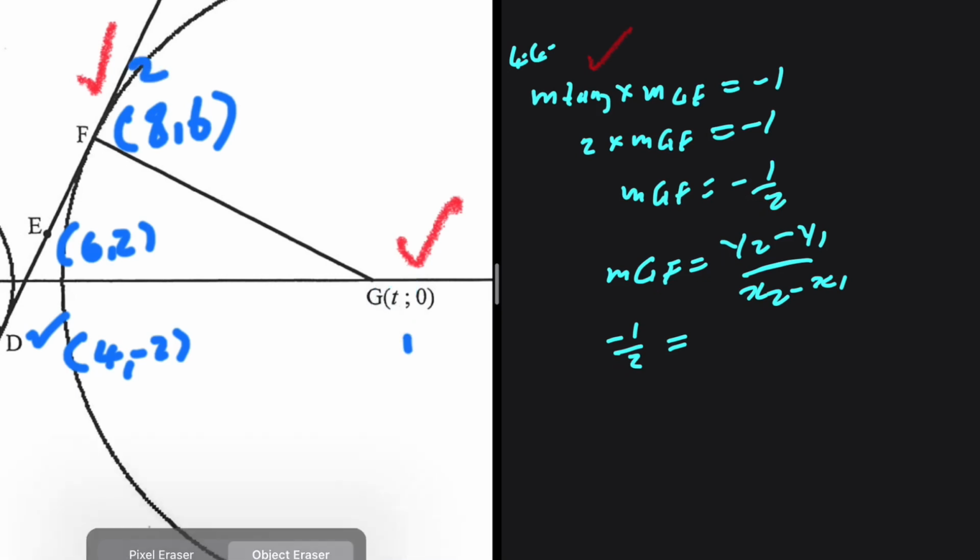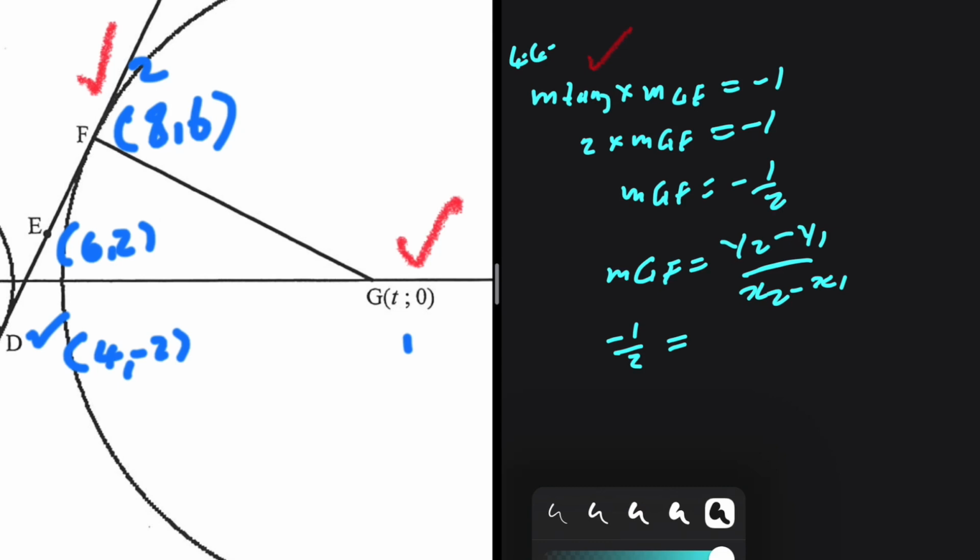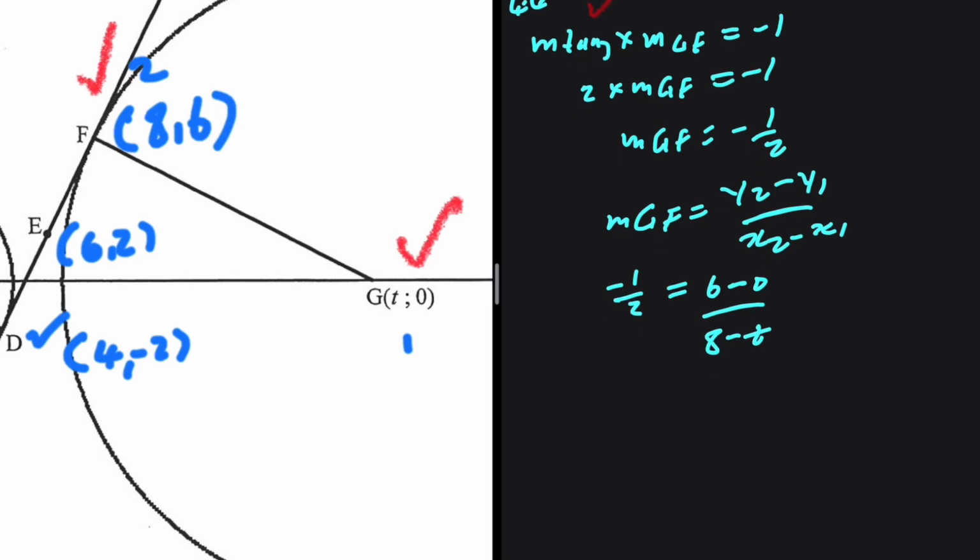If we do that, F as our second point, that's going to be 6 minus y1, which is y of G, 0, divided by x2, 8 minus T. Okay, let's go ahead and cross multiply. I'm taking minus 1 divided by 2 as one number. So that is how I'm cross multiplying.